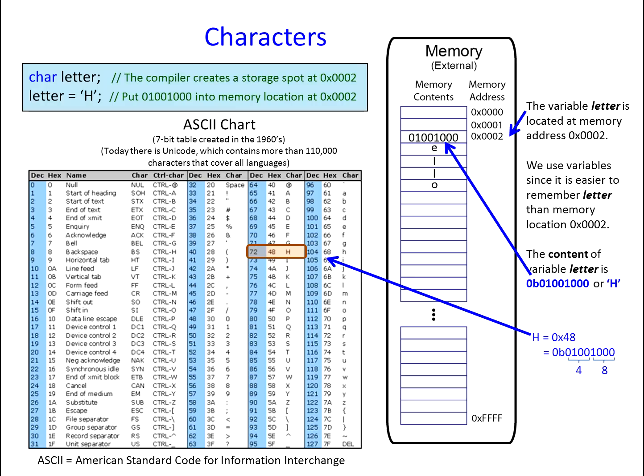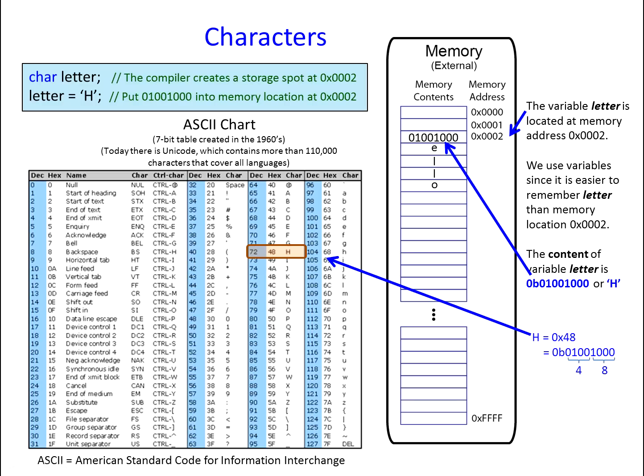This was created way back in the 60s, where letters are 1 byte or 8 bits. Today there's Unicode where there's 32 bits, so we can store all the characters in all the languages. But we're not talking about Unicode here. We're just going to use ASCII. And ASCII stands for the American Standard Code for Information Interchange.